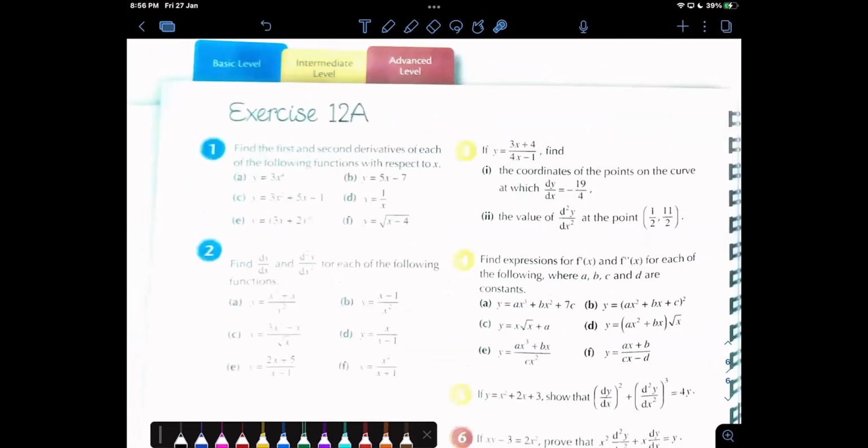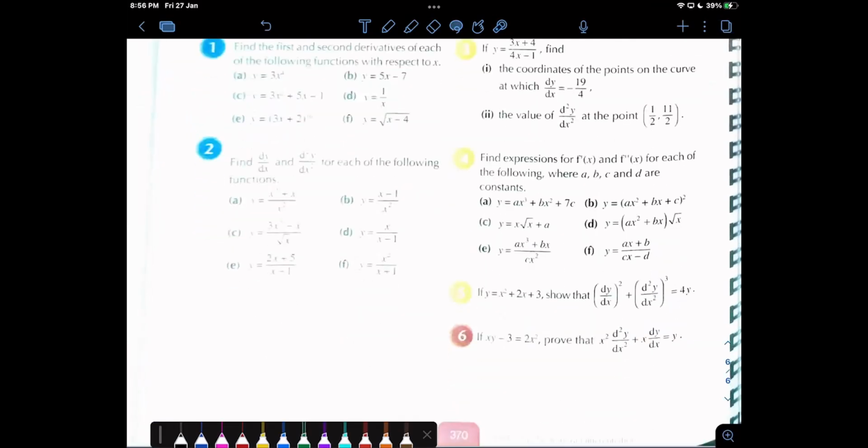Okay, here. Which is the question? Question 2DF, 4BDF, and questions 5 and 6. Hey, wait a minute. Did I mark yours? This is the one I did. You did already, exercise 12A. Oh, 12C haven't done, is it?